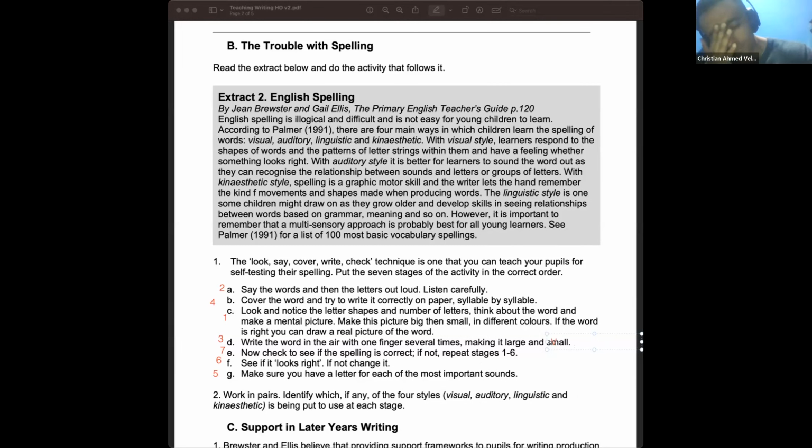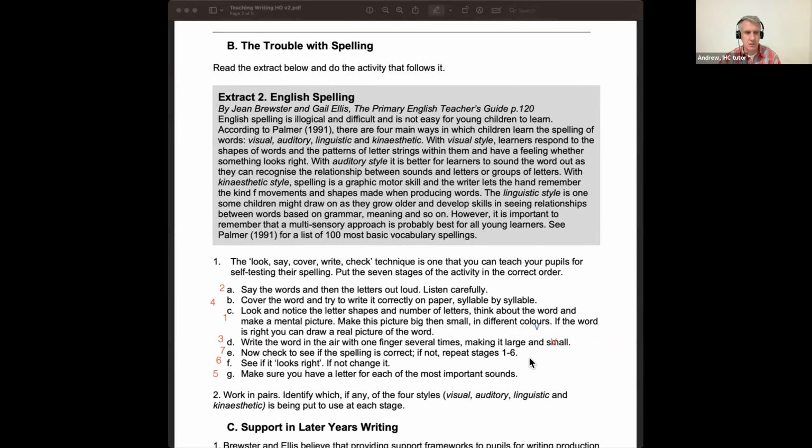It's mainly visual, isn't it? So let's put V for visual there.